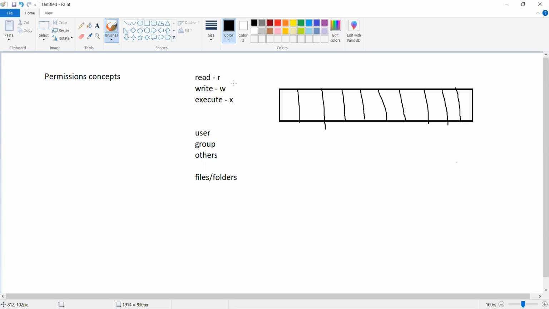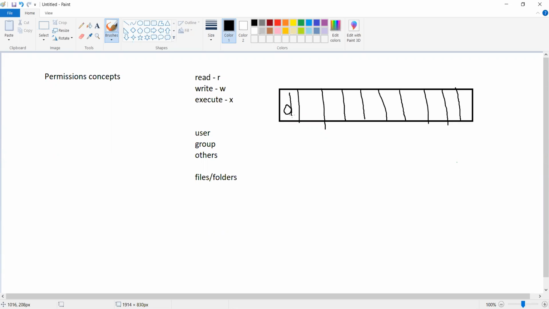The first block you are seeing generally indicates whether this is a file or a folder. If this particular block is empty, then we can treat this as a file. If that particular block is written with the letter D, then we call it a directory. Directory is nothing but a folder.